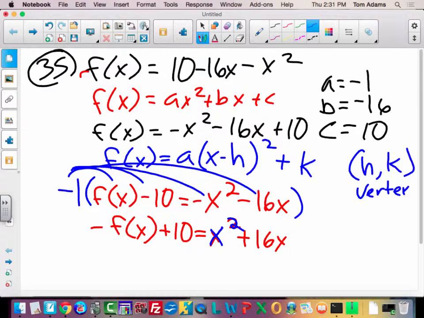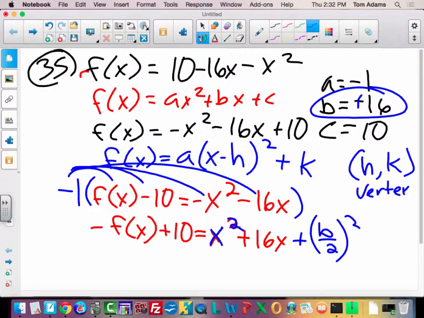Now the next step for completing the square is that I need to add to both sides b over 2 squared. We said b was negative 16, but now when I rewrite it, it becomes a positive 16, because I multiplied by negative 1. And remember, whatever I do on one side, I have to do on the other.